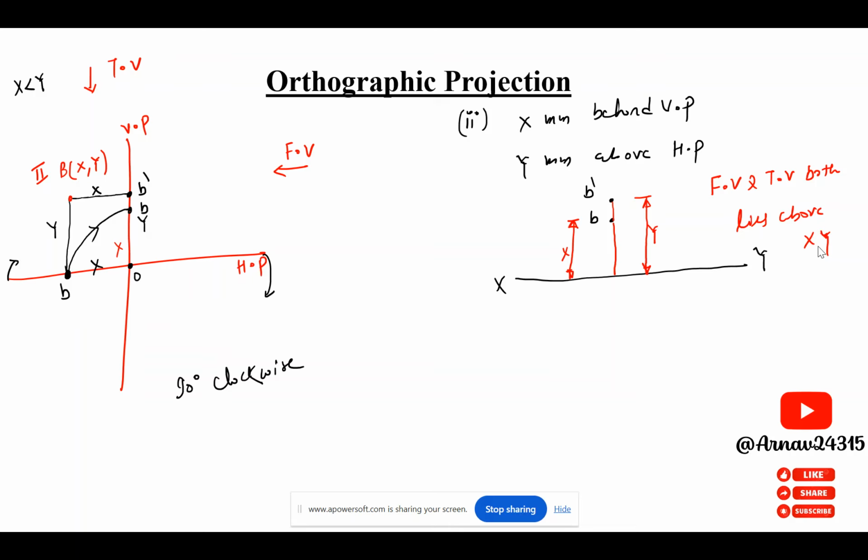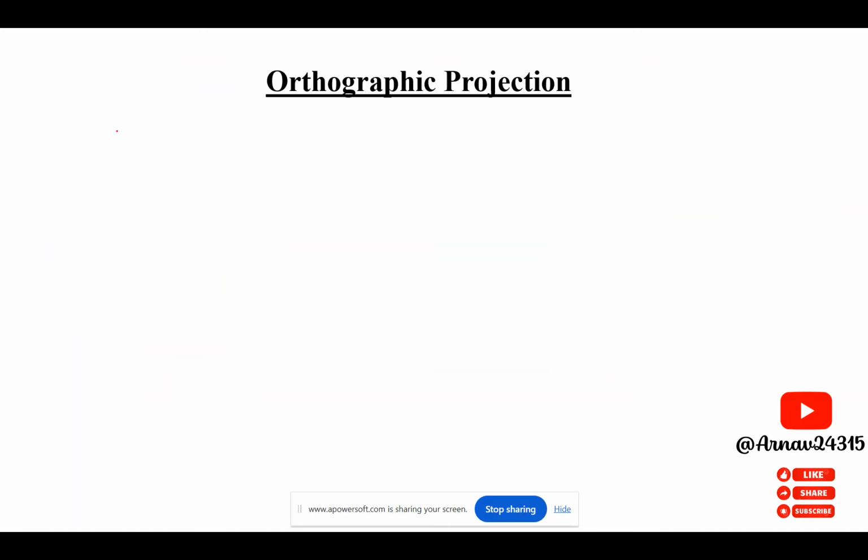Okay, now I'm going to take the case where the point lies in the third quadrant. So this is your horizontal plane and this is your vertical plane again. Now if the point lies somewhere here, let's say this is point C and the location again I am taking as x comma y, and again for the front view the observer will be here and for the top view the observer will be here.